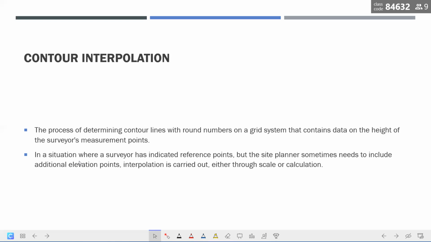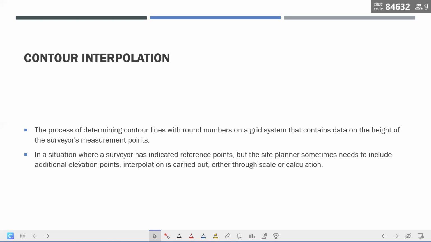Now, in a situation where you might need to include additional elevation points, something called interpolation is carried out, either through scale or calculation. I'm just introducing you to this term. I've never done contour interpolation before; I usually have someone else do it for me.